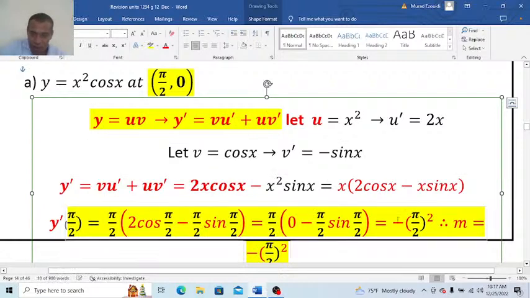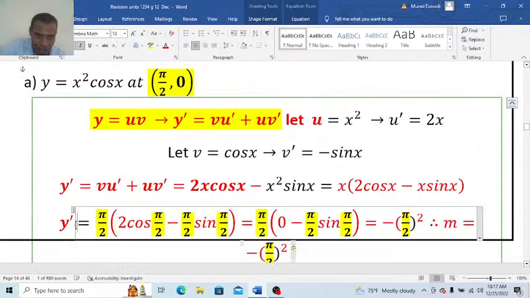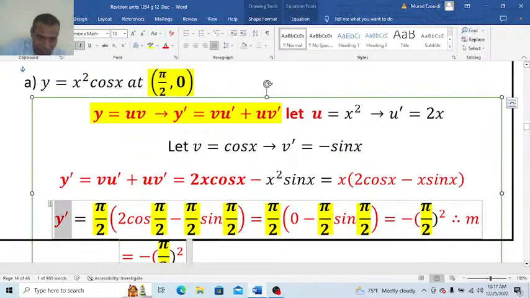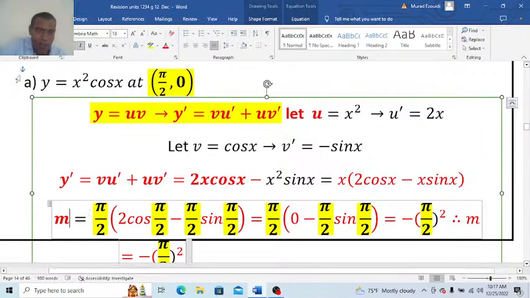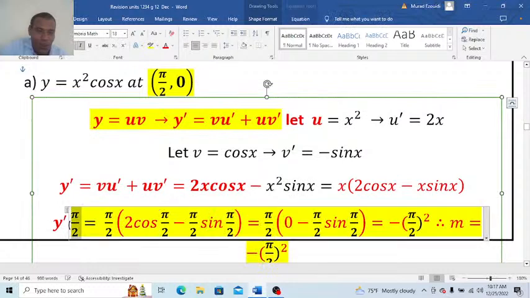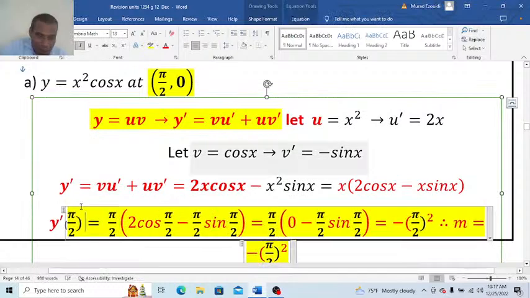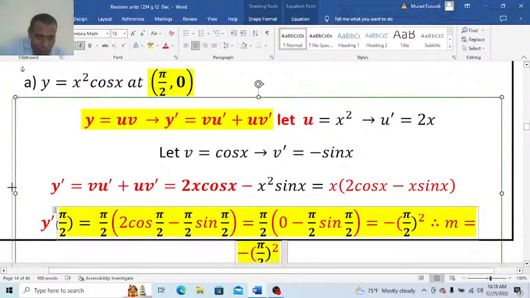Now therefore, as a conclusion, I'll just write this as big as I can, or I will write m is equal to... I will make it small so you can see at least, or I will extend it.